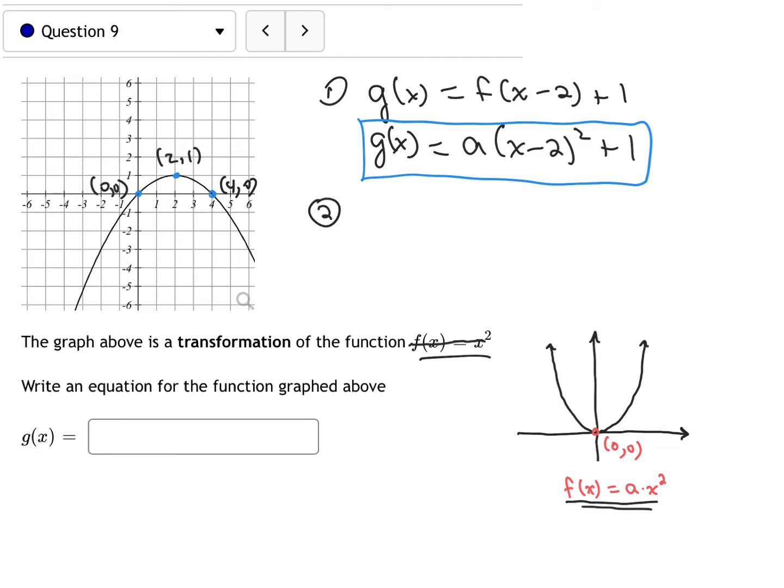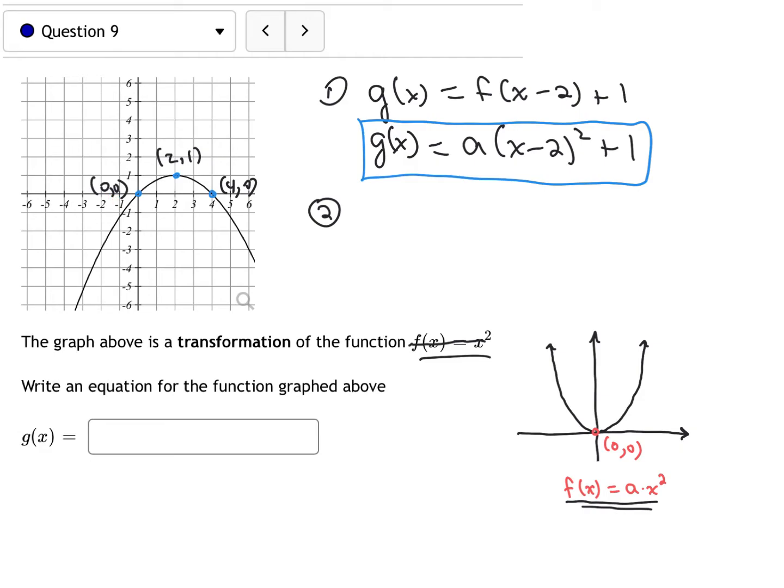And I can do that by taking either one of these other 2 points that I've marked. This one's not going to help me because every parabola of this form is going to go through that point, so that's not useful. But either of these 2 points is going to give me some more information. So let's just use the one here.